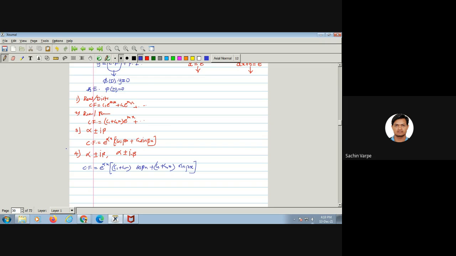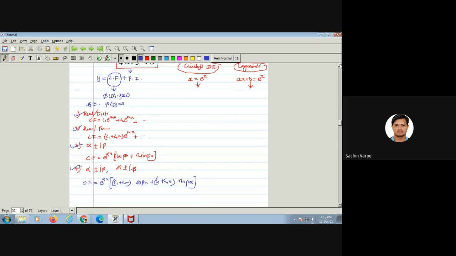So depending upon the nature of the roots, we have these four formulas for the complementary function. We substitute it into the general solution. This is the general solution, or it is also called the complete solution.